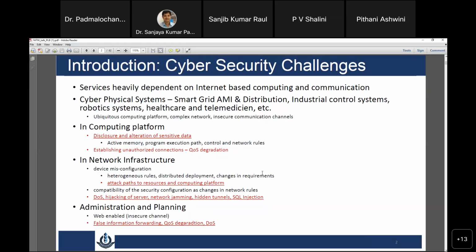Changes in requirement, this is another important problem. Our requirements, like which packets should be allowed, which packets should be denied, which websites are prone to phishing or various types of attack, these requirements change dynamically.